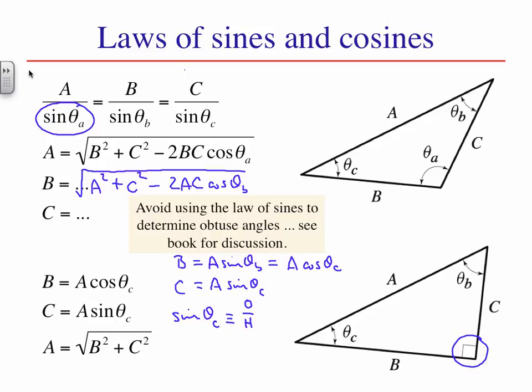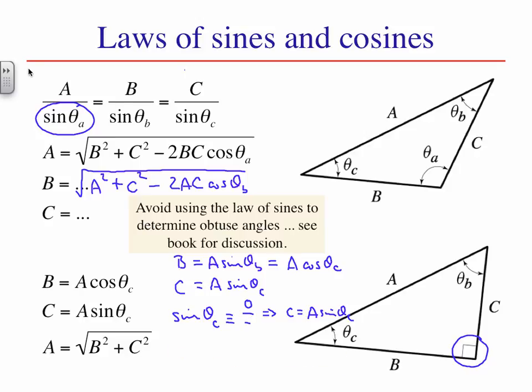And since the opposite is C and the hypotenuse is A, it follows directly that C is A sine theta C. Cosine theta C is defined as the ratio of the adjacent to the hypotenuse, and since I already have A for the length of the side here, I'll just go ahead and write ADJ for adjacent over the hypotenuse. And since the adjacent in this case is B, we have directly that B is equal to A cosine theta C.